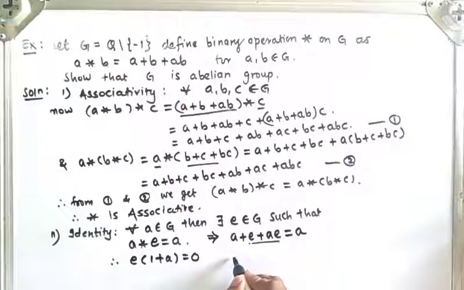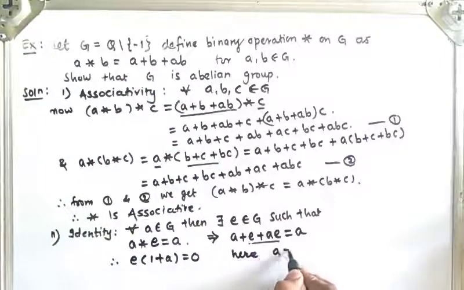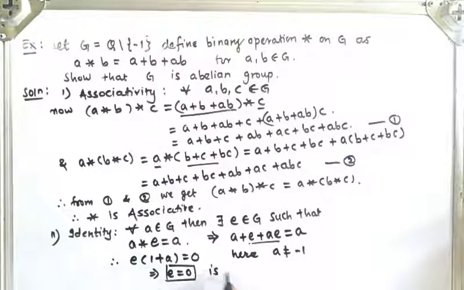So A is not equal to minus 1, that implies, after solving this we get E is equal to 0. E equal to 0 is the identity element.